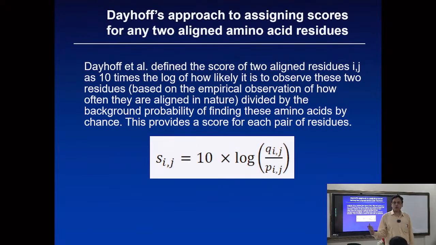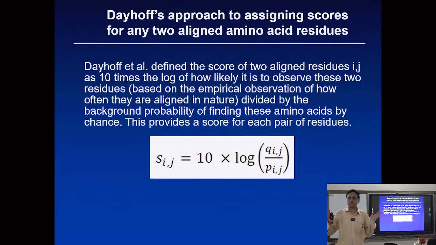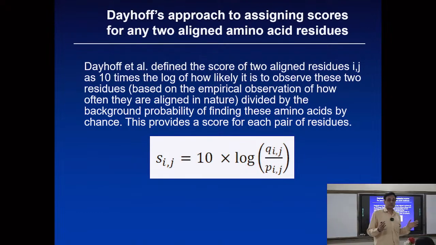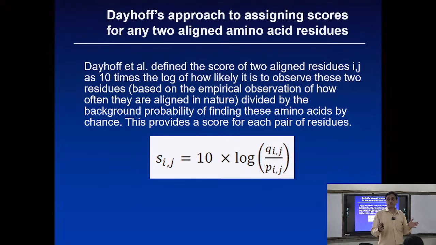But the problem was that when that matrix was used for scoring sequences that were highly divergent from each other and yet arising from a common ancestor, the overall similarity score for the alignment was so negative that they were just rejecting the hypothesis that these sequences are related.